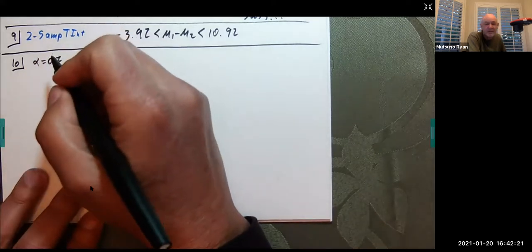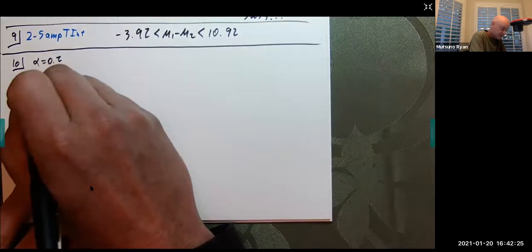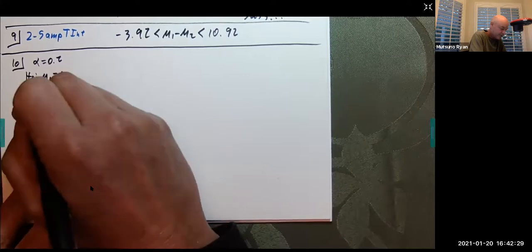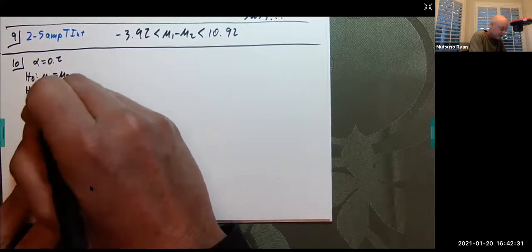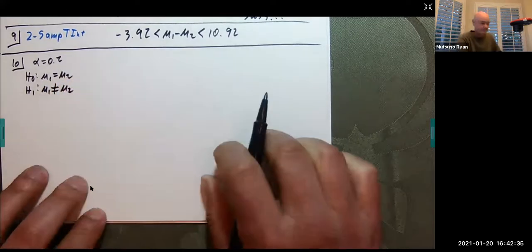That company A differs from the mean response time of company B. So our null hypothesis: mu sub 1 equals mu sub 2, and the alternative is mu sub 1 is not equal to mu sub 2. So we're going to get a two-tail.